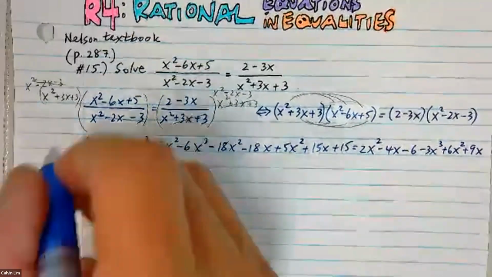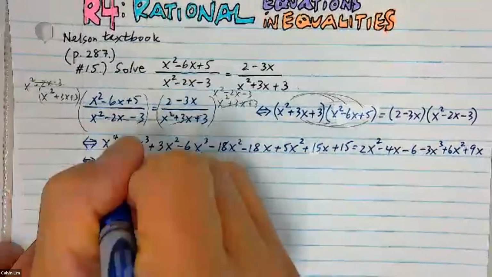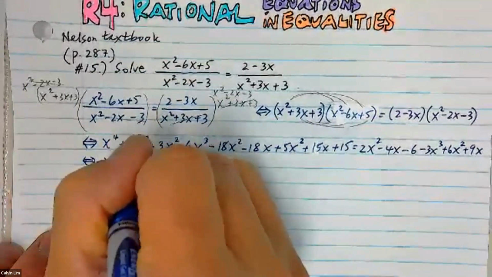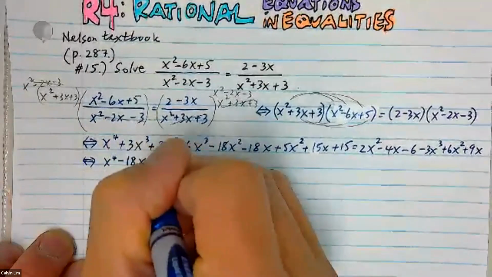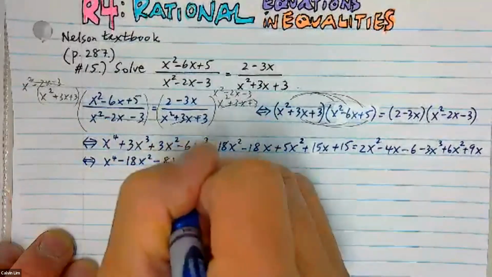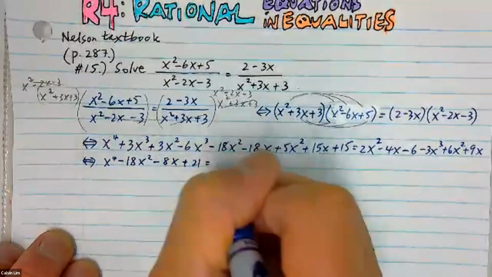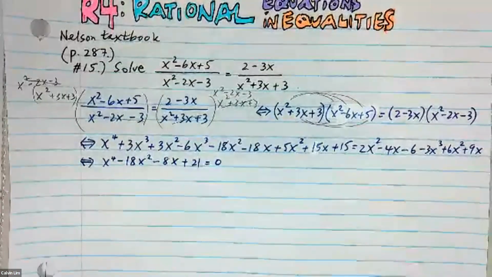So simplifying that gives us this fourth degree polynomial function in standard form.